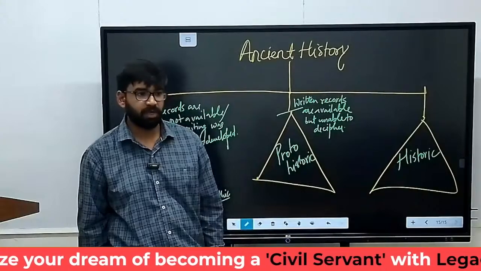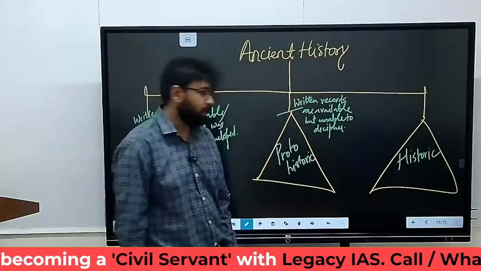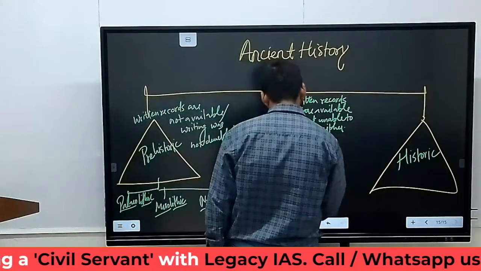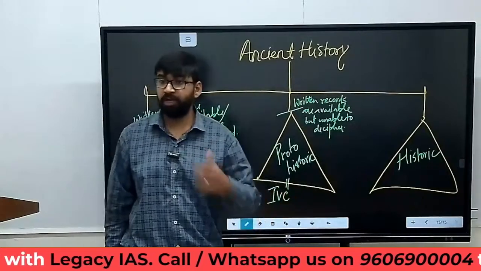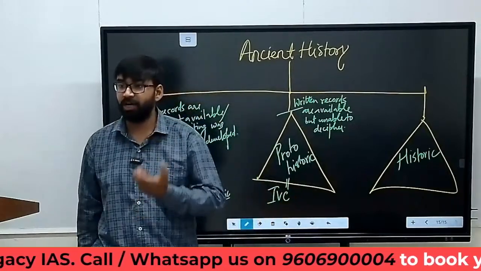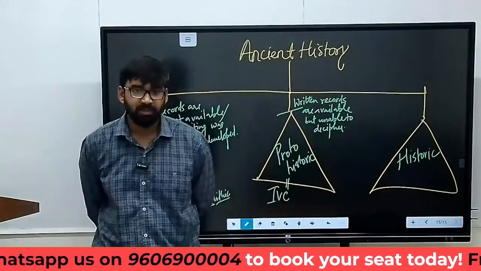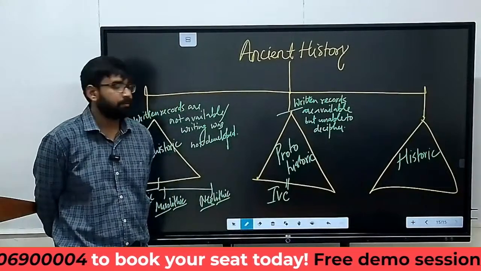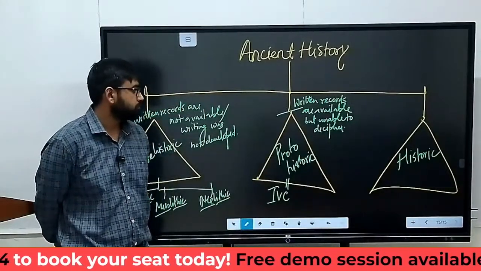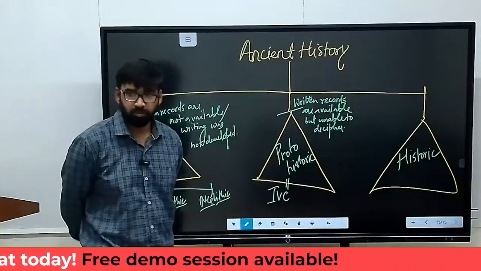Unable to decipher. So, for example, Indus Valley civilization. Writing was there, but we are unable to decipher that writing. We are unable to understand that writing. It was in the form of symbols. Getting my point? Draw this. Clear?